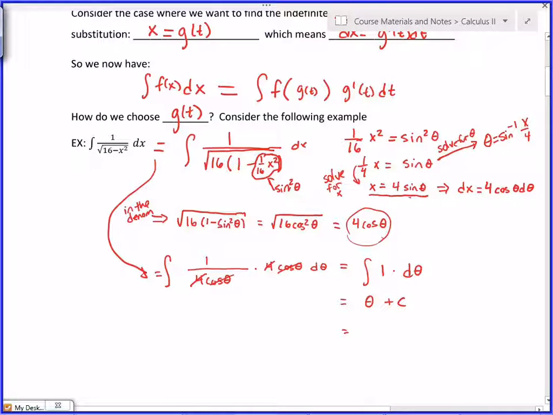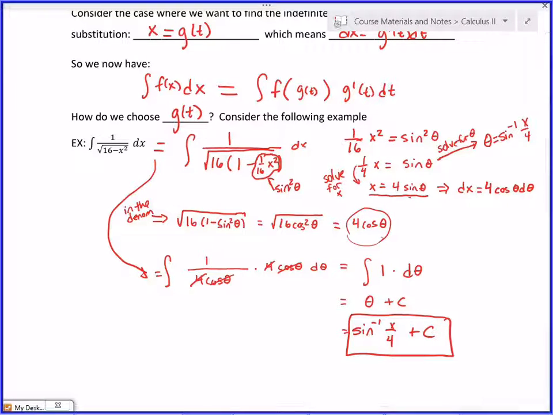So I need this in terms of x. So what is theta in terms of x? Sine inverse of x over 4 plus c. It just kind of all fell together there at the very end. It's nice, as long as you figure out which one to choose here along the way.